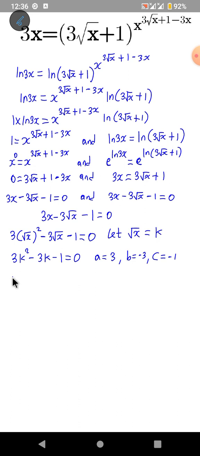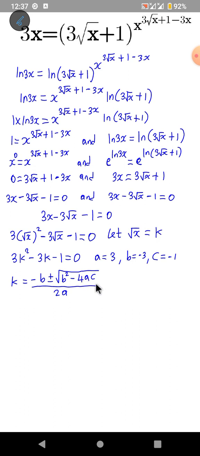My quadratic formula is k equal to minus b plus or minus the square root of b squared minus 4ac all over 2a. So this is my quadratic formula.